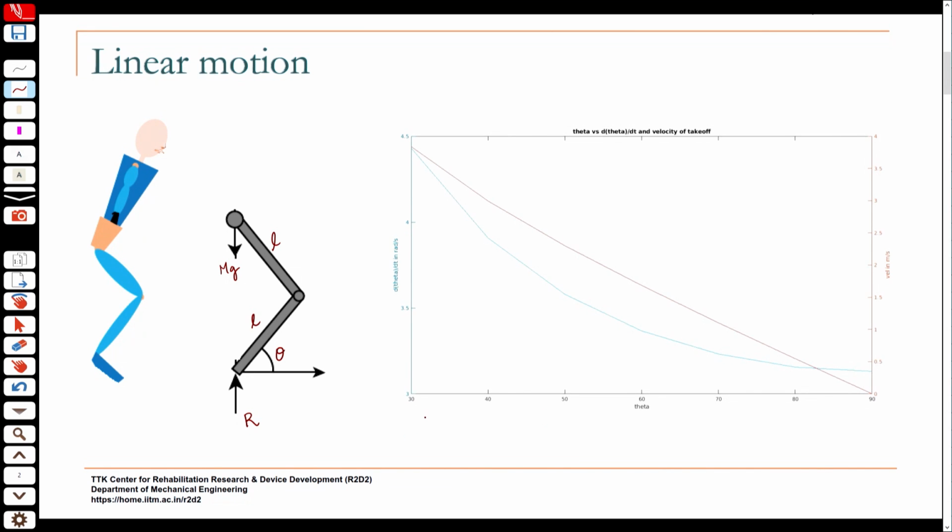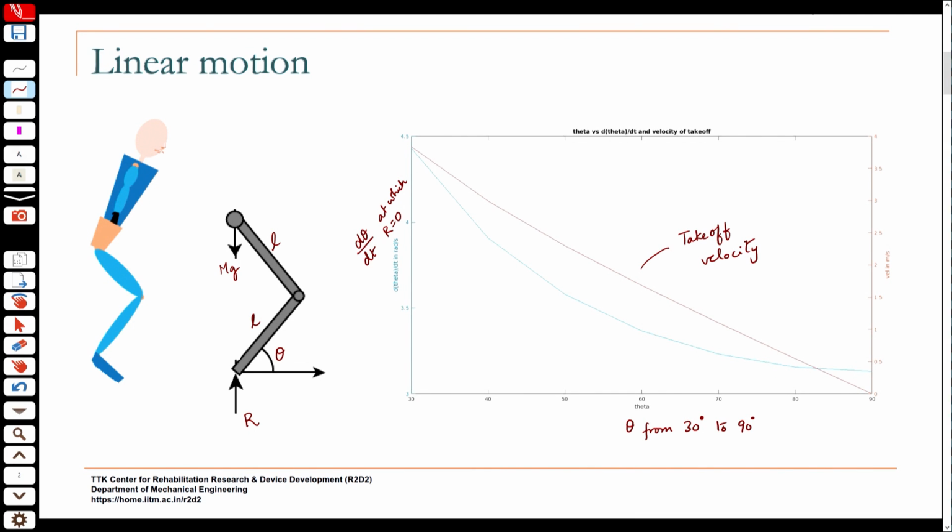I varied theta from 30 degrees to 90 degrees in this simple model, and then I computed d theta by dt in radians per second at which r becomes 0, at takeoff, and then I computed the corresponding takeoff velocity using the equations that we derived there.